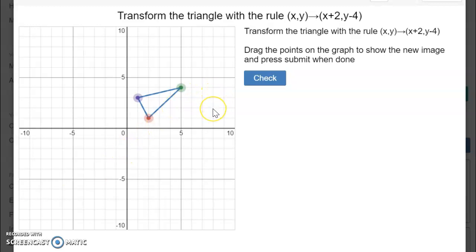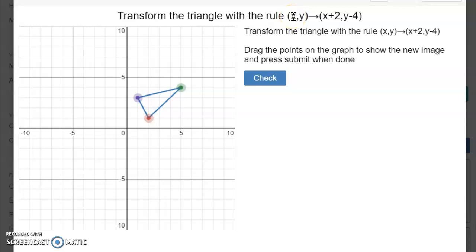Okay, so now we're up to card number 8. This time we're being asked to transform the triangle with the rule (x, y) becoming (x + 2, y - 4). So think about this. What does that mean?